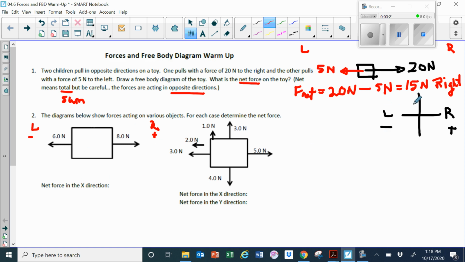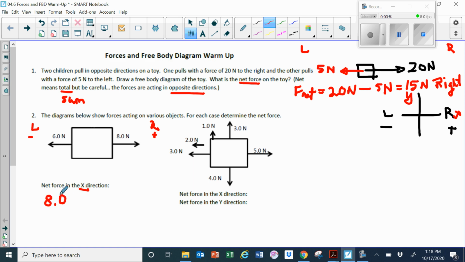And let's talk about this real quick also. This is the x direction. Okay, that's horizontal. The y direction is vertical. Okay? So when it says, what is the net force in the x direction? Well, that means in the direction left to right. So the net force is going to be 8.